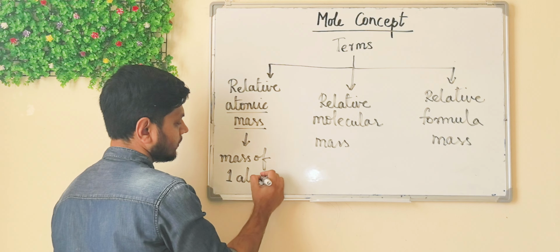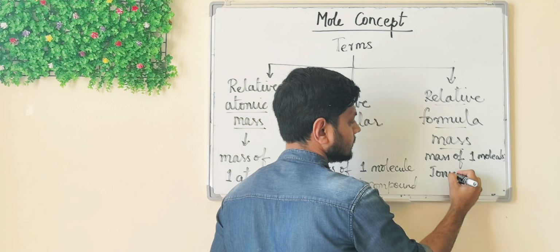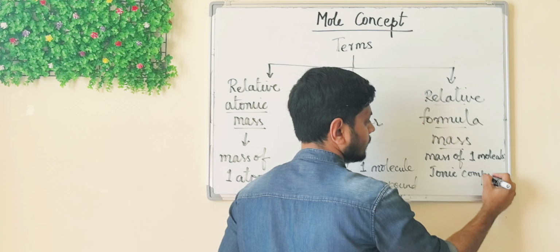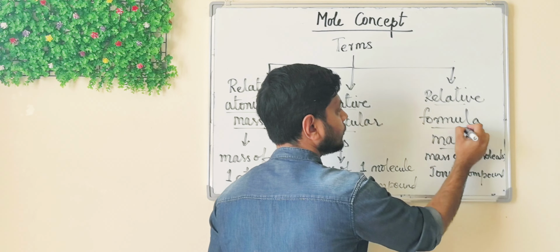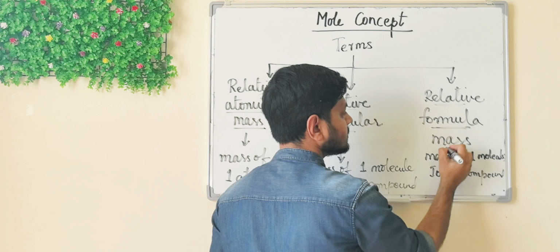In the same way, the relative formula mass is also the mass of one unit, though it is usually related to ionic compounds. You have to remember here, formula mass will be used for ionic compounds because in ionic compounds you don't find molecules. So that's why we use relative formula mass.